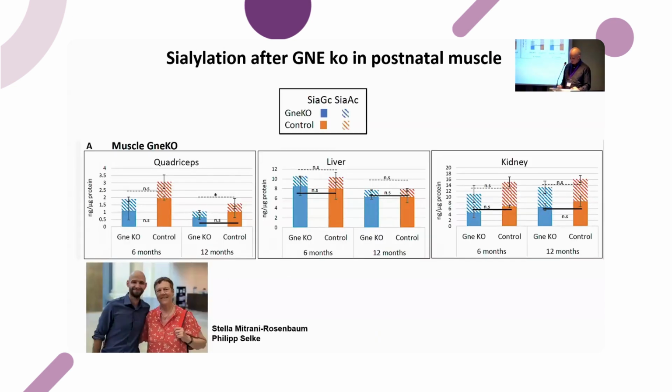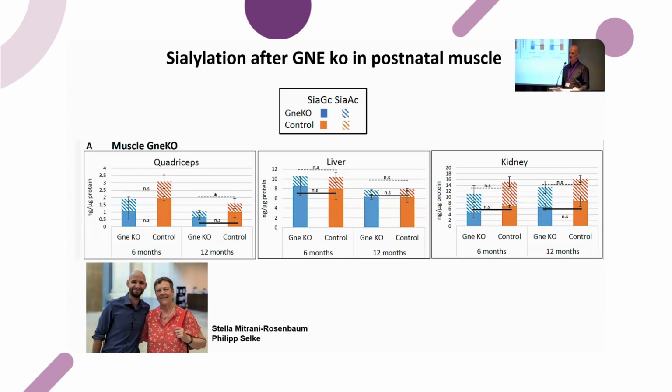And now I would like to present you some unpublished data. And I'm happy that I can show this data to you, because the mice which were generated by Stella Tran-Rosenbaum are really new. And these are now GNE knockout mice in specific organs.